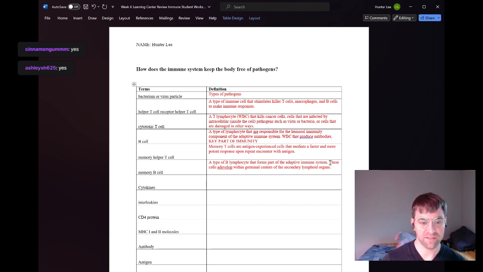Memory B cells develop within germinal centers of the secondary lymphoid organs, and memory B cells circulate in the bloodstream in a quiescent state, sometimes for decades. So quiescent meaning inactive.